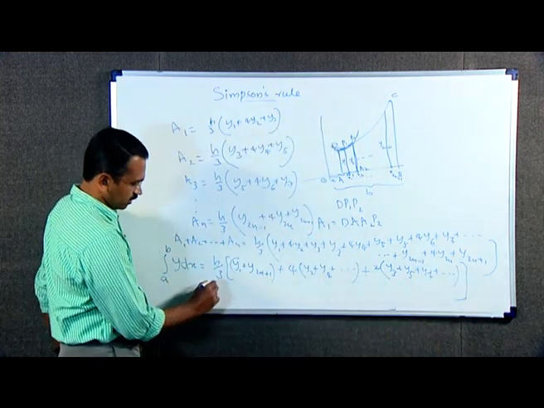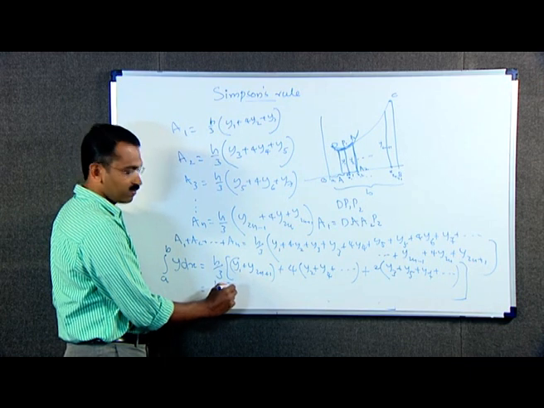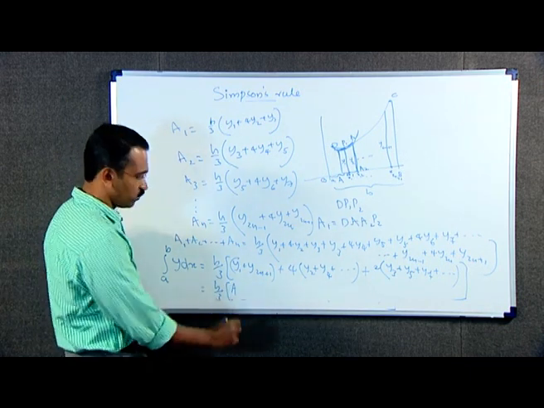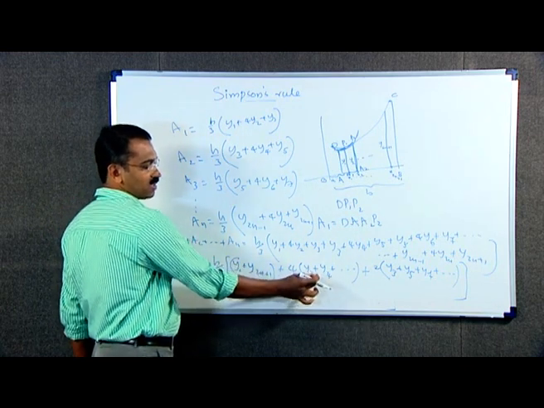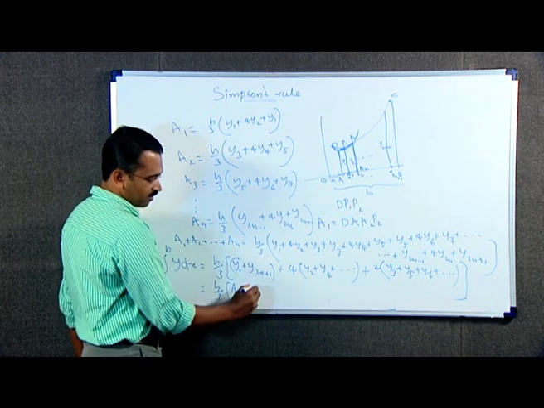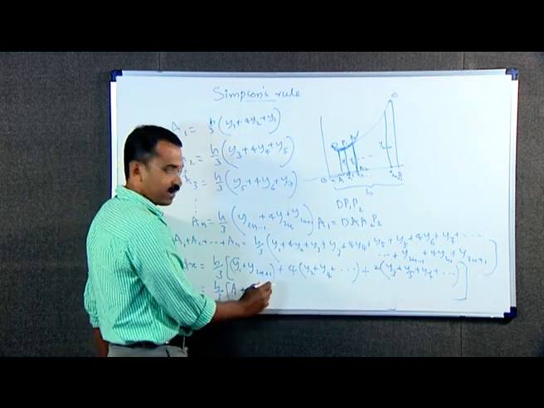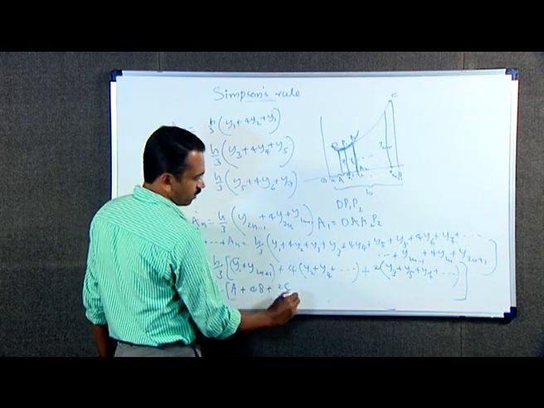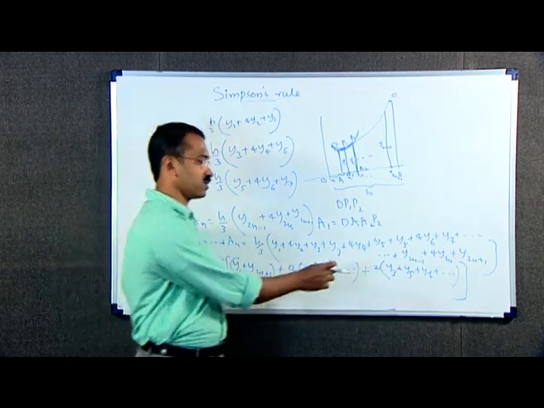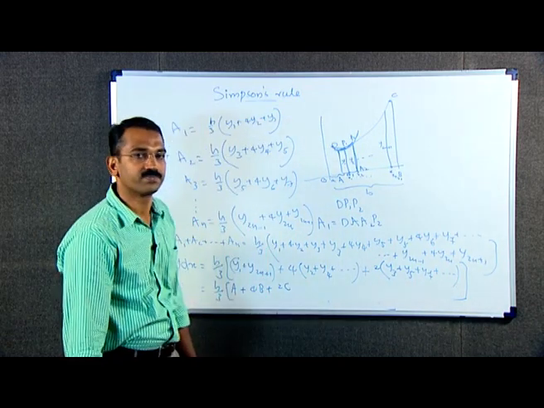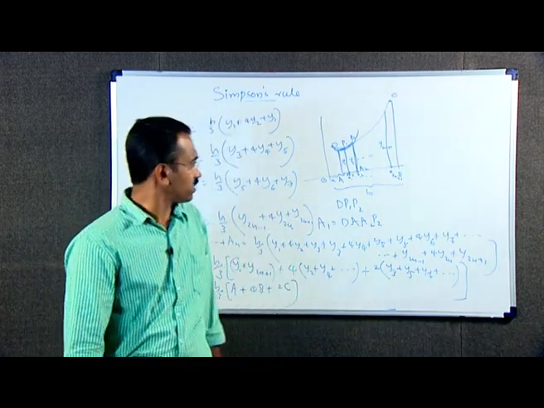Which is equal to h by 3 into the sum of the first and last ordinates, denoted as a, plus 4 times the sum of the ordinates y2, y4 etc., that is the subscripts are even numbers, denoted as b, plus 2c, where c is the sum of the ordinates y3, y5, y7 etc. This is Simpson's rule, the geometrical interpretation of Simpson's rule.